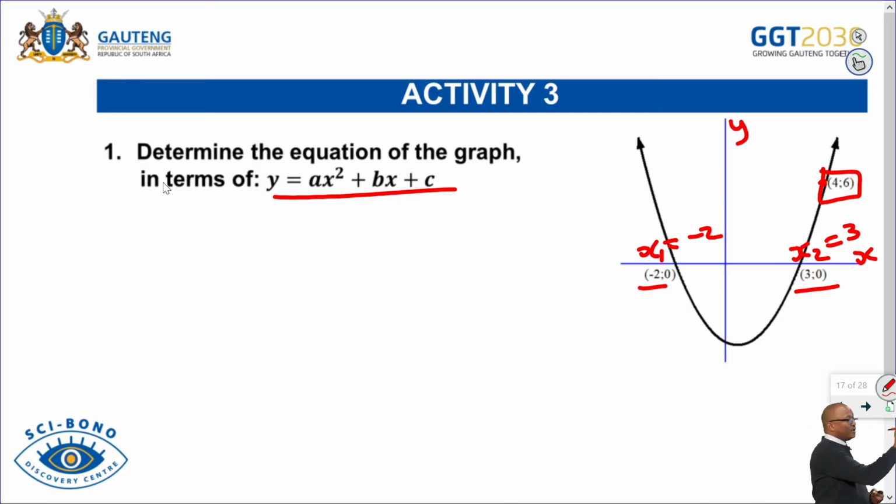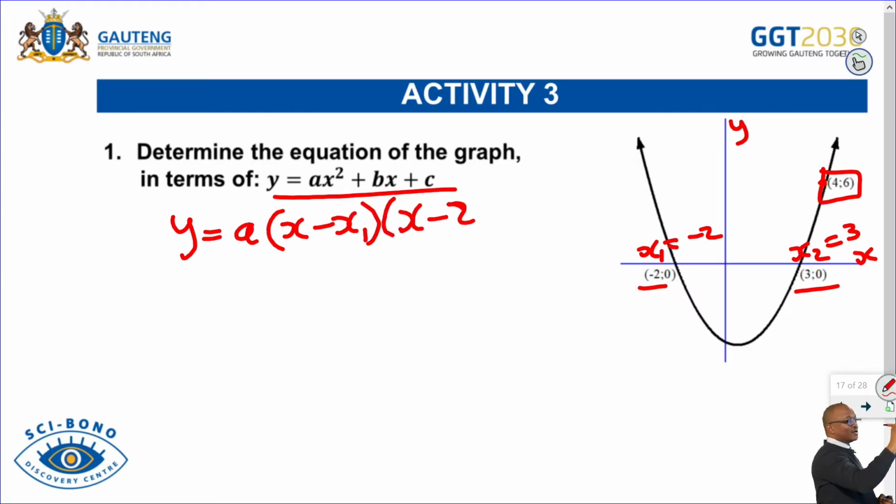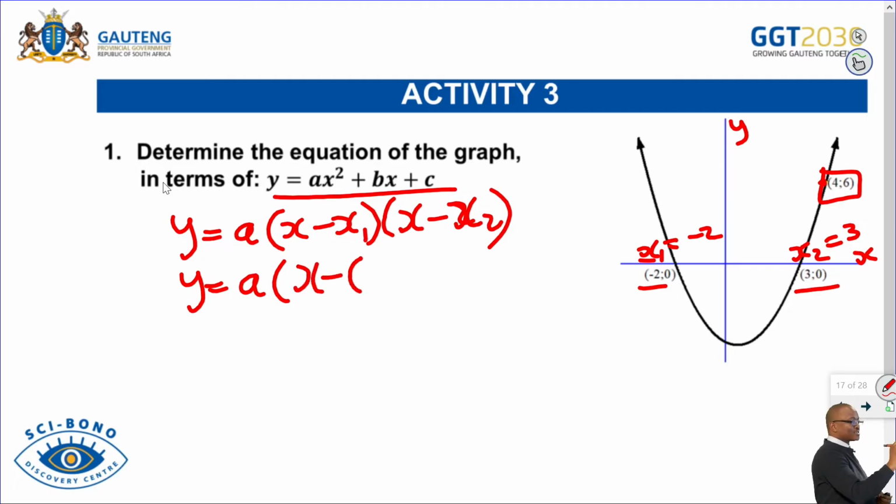So now we have y is equal to a into x minus x1, x minus x2, correct? Then we have to substitute x1 and x2. So we write x minus x1, which is -2, and x minus x2, which is 3.